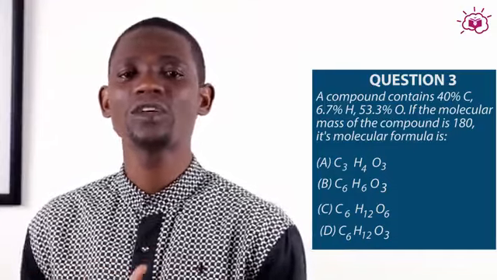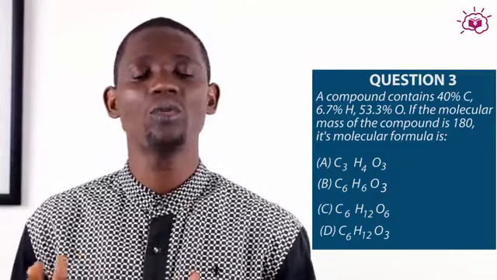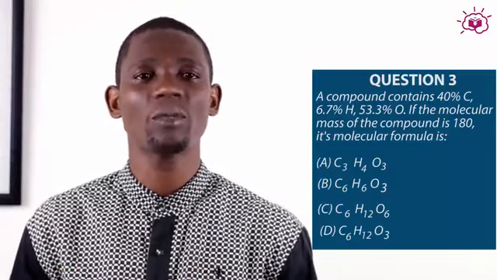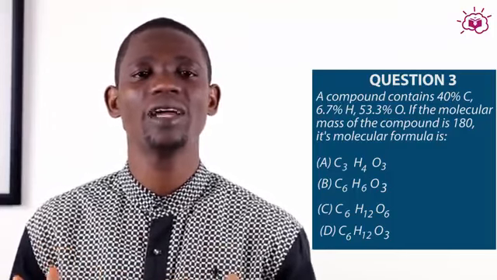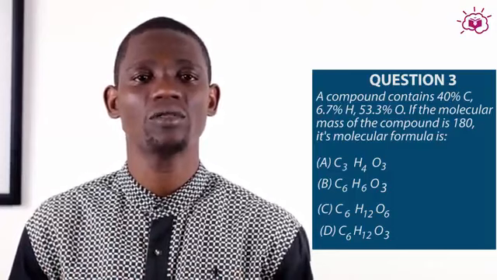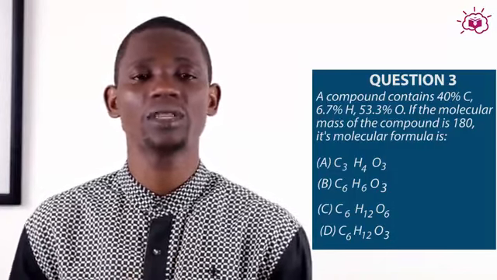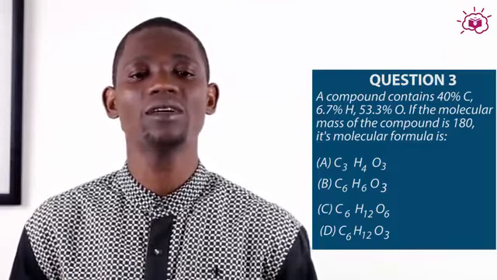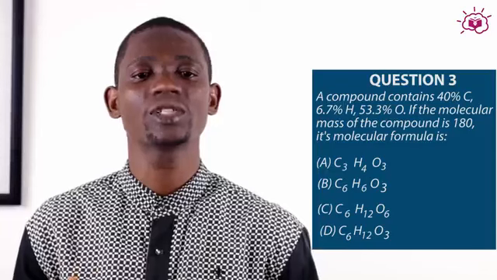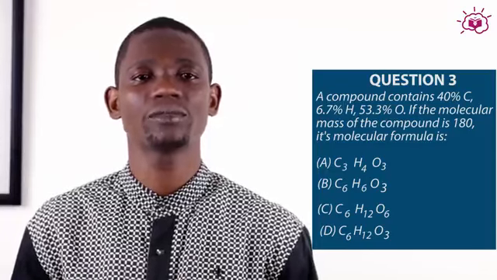That is, 40% of carbon will be divided by the relative atomic mass of carbon, which is 12. 6.7% of hydrogen will be divided by its relative atomic mass, being 1. Same for oxygen, which is 53.3, divided by 16. On solving, we have 3.3, 6.7, 3.3.